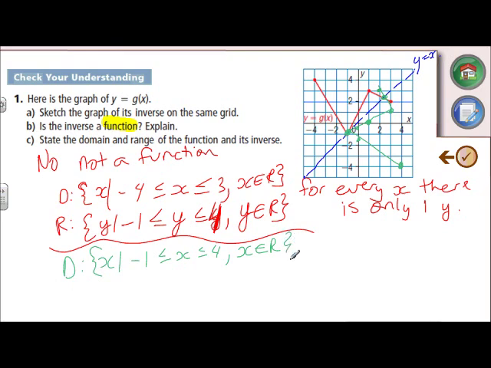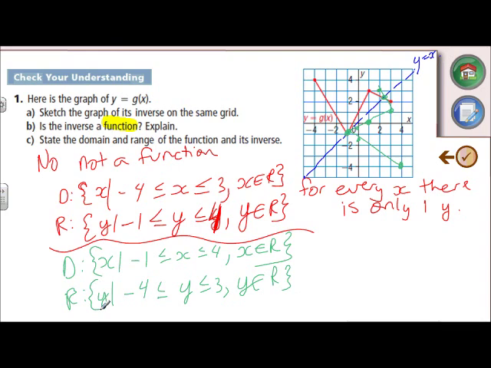And our range starts at -4 and goes all the way up to 3. Hey, that's looking familiar as well. How interesting.